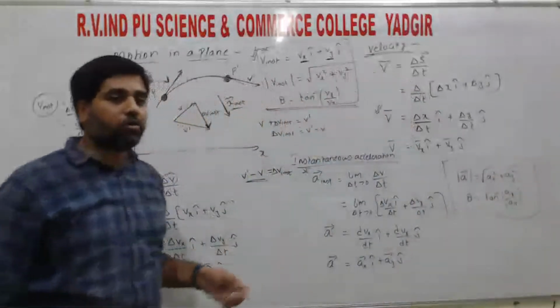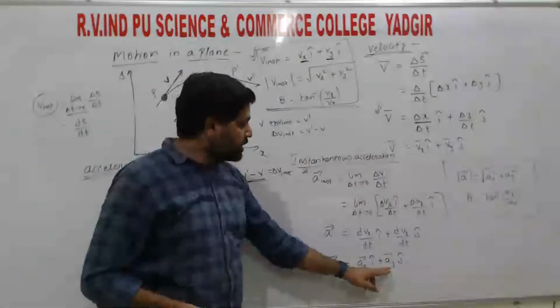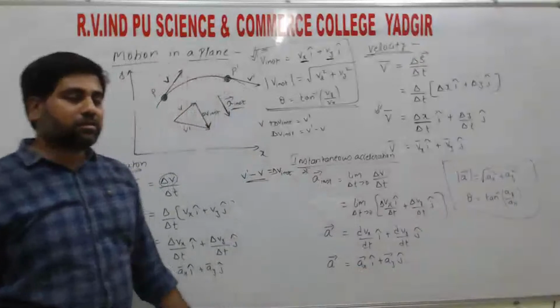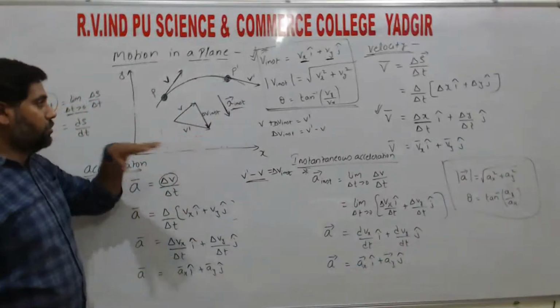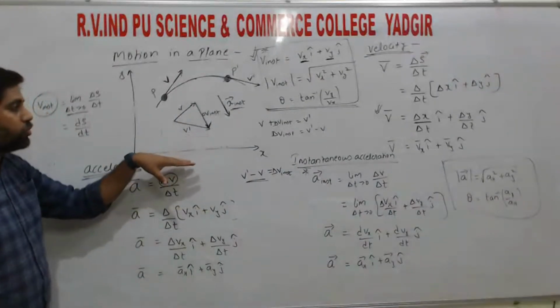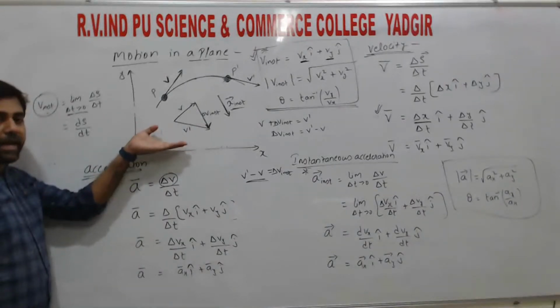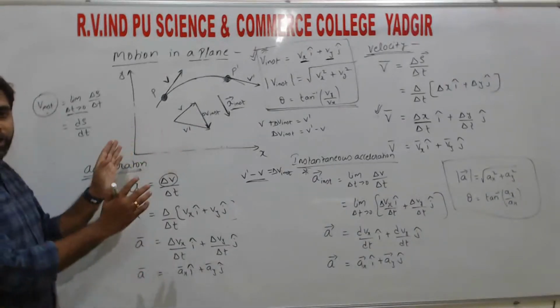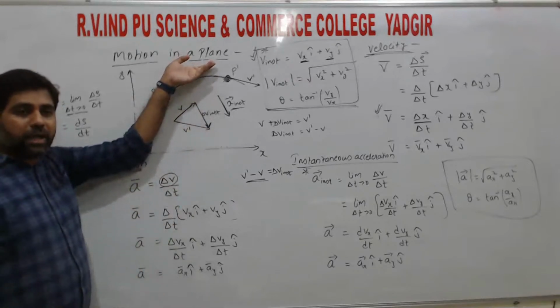So here also we have two accelerations, one is acceleration along x-axis and acceleration along y-axis, right? So in a motion in a plane, we call that one as two independent motions, or two superposition of motion along one dimension. That means if we superpose two directional motions, that means join them, the motion we get is motion in a plane.